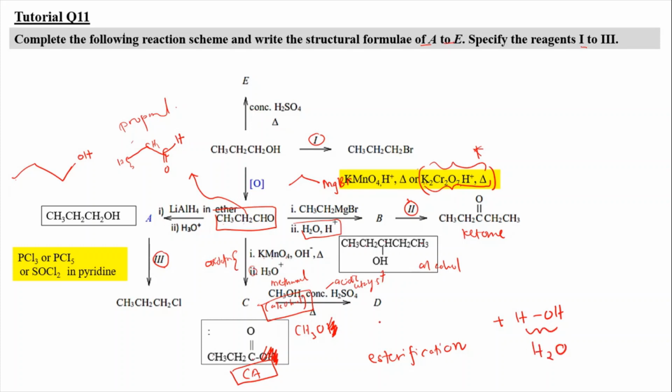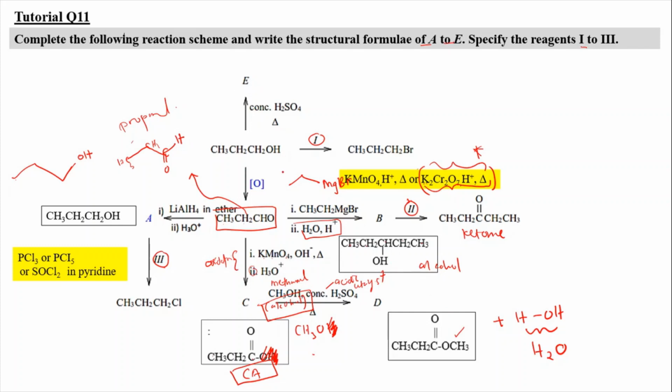And as the result, the CH3, CH2, C double bond O of the carboxylic acid gonna be attached with OCH3 here, and this gonna produce an ester. Okay, so the ester can be drawn nicely as shown here. So this is your ester.